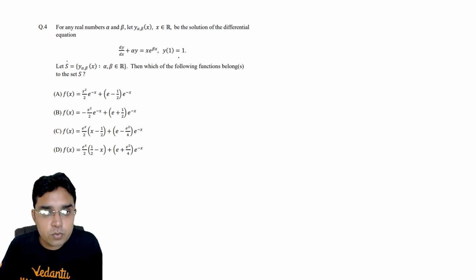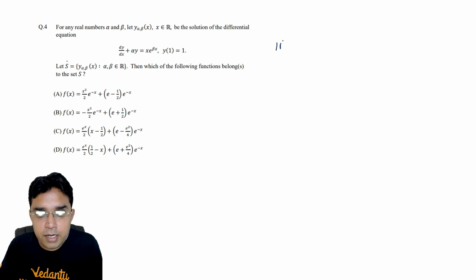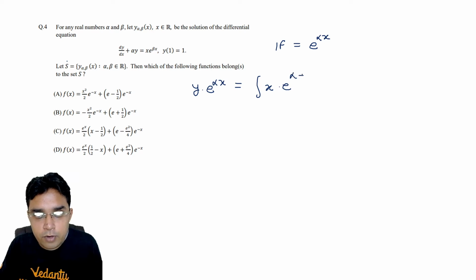Now this question is a direct linear differential equation where we can write the integrating factor to be equal to e power alpha x. So the solution will be y into integrating factor is equal to x into e power alpha plus beta into x. One direct method to solve such questions.